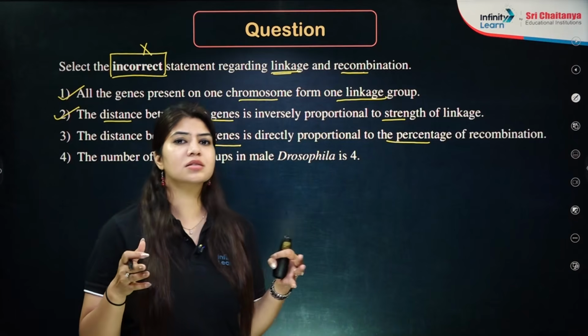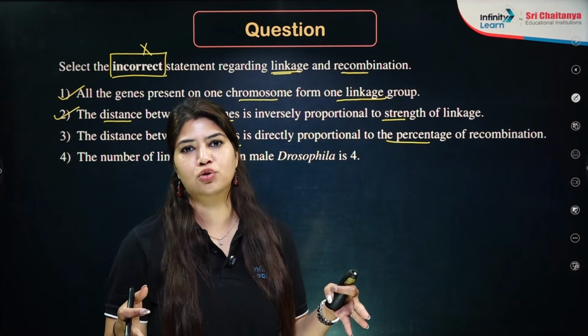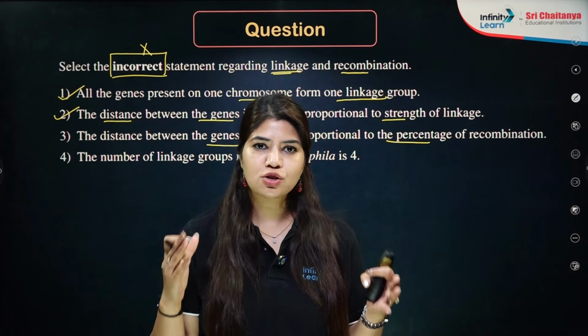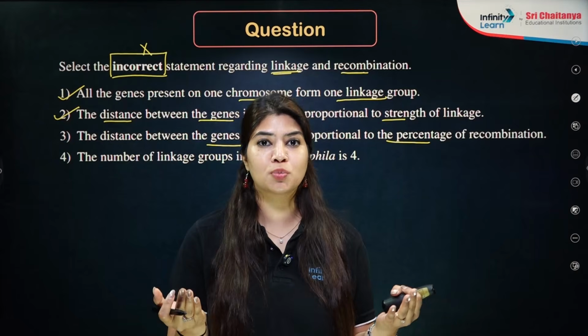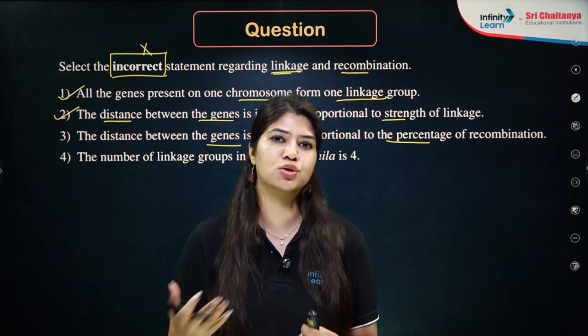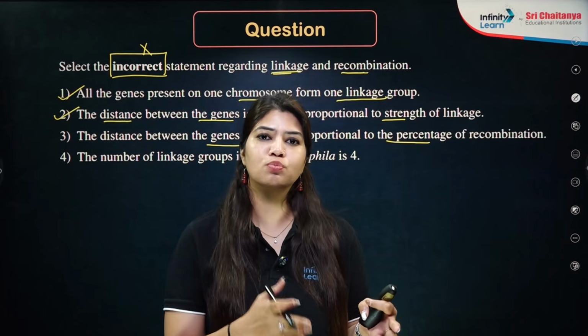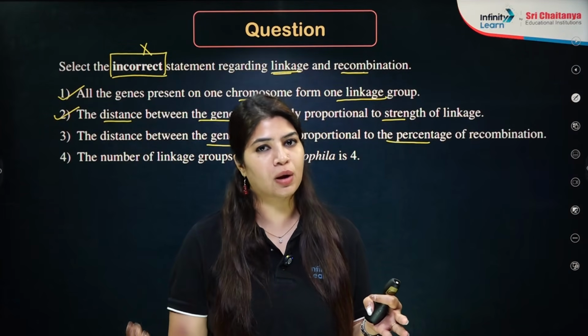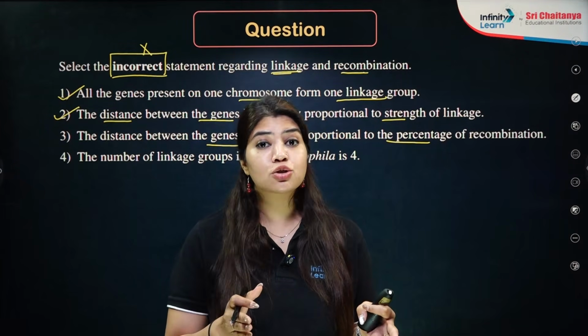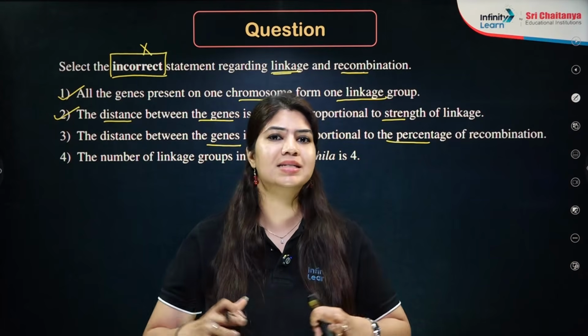If the distance is more, the chances of crossing over are high. If the chances of crossing over are on the higher side, we will be producing more recombinants. Always remember, if there is linkage, more of the parental characters are going to appear in the progeny, and the ratios of the dihybrid cross will vary significantly.